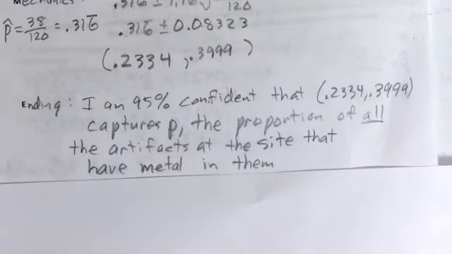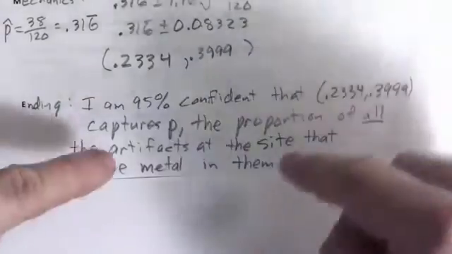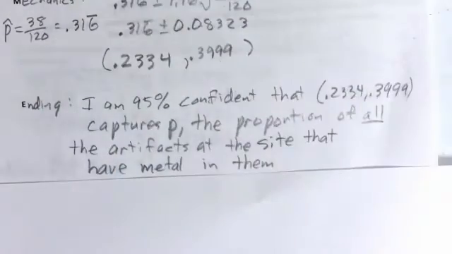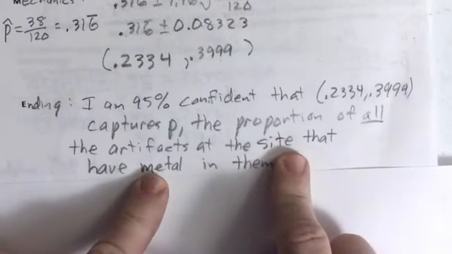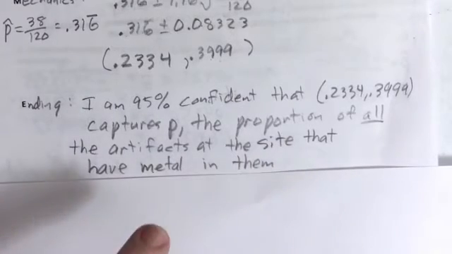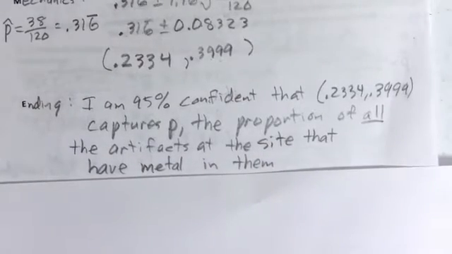And then you're going to define what the parameter is. So it's important that you define your parameter. Now, our book tells you to go ahead and define P at the top of the problem. But if you did that, then you would have to define it twice, because you always have to make sure and state your ending in context. But that's how you do it. All right.